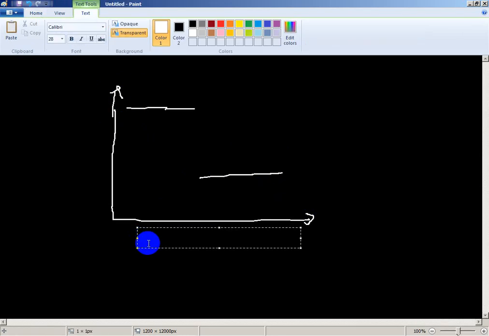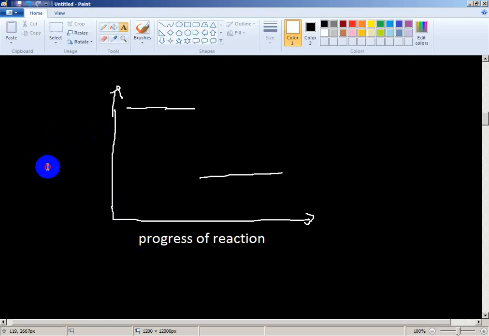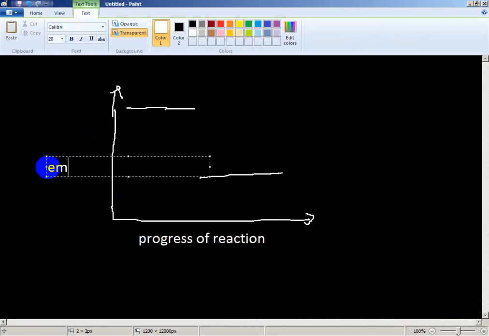Here, progress of reaction. Okay, this is energy. Here you write these things. Energy.